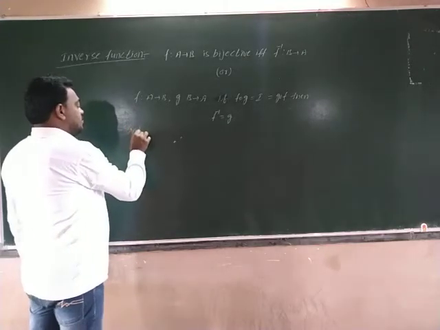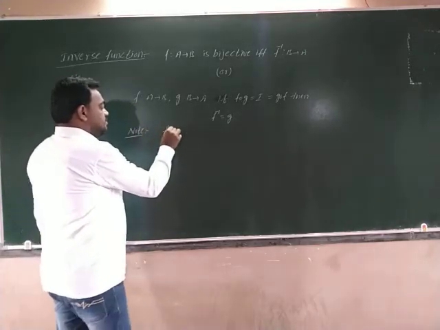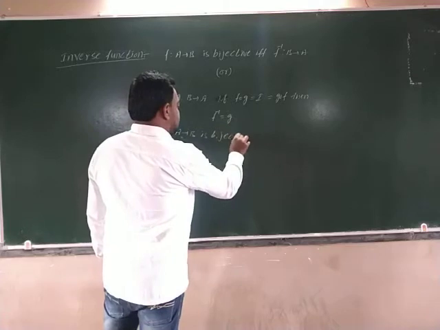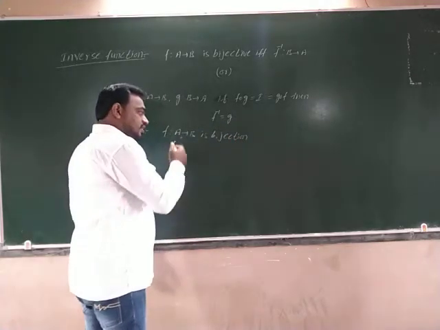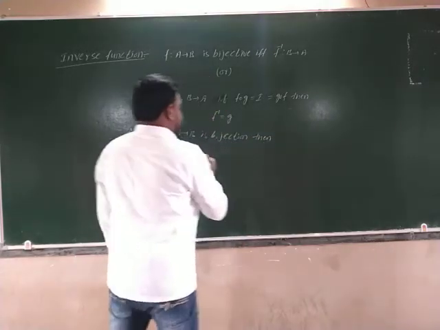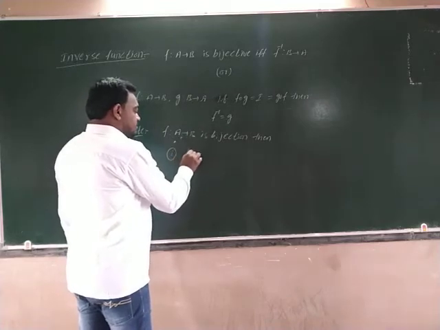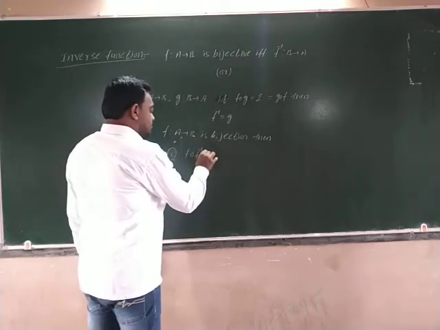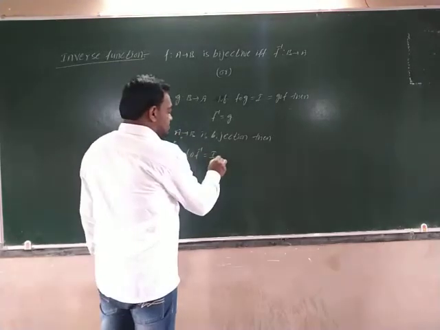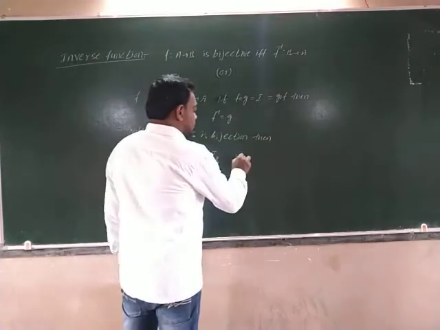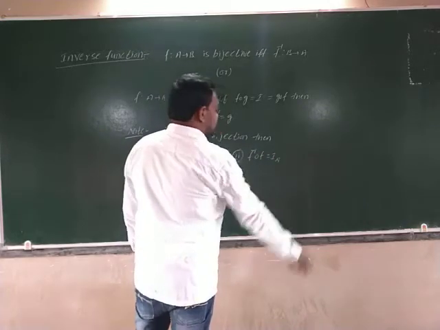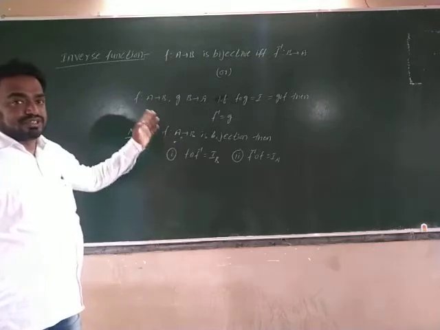Next, f mapping from A to B is bijective, which means the inverse of the function exists. Then f circle f inverse is equal to the identity function mapping from B to B, I, and f inverse circle f is equal to I. Remember these two things.